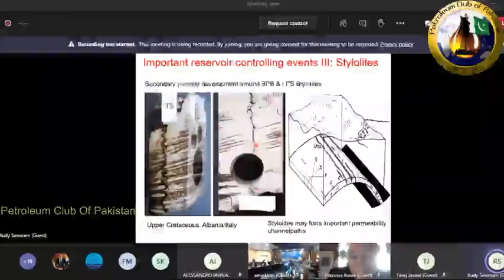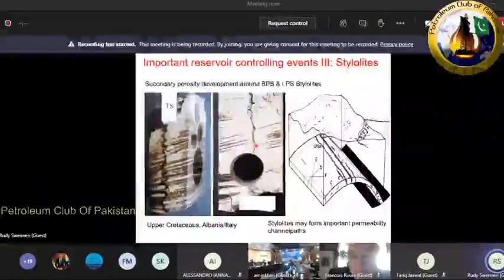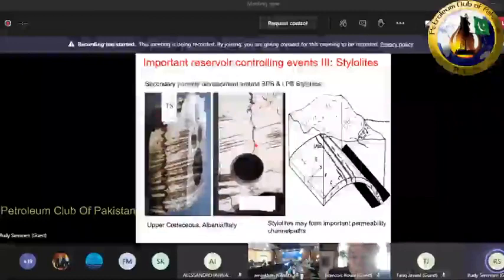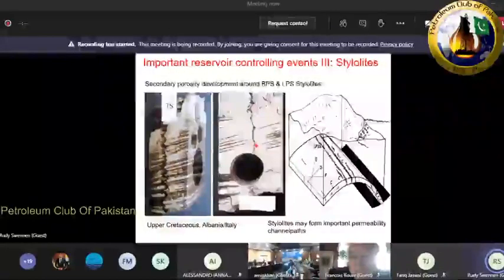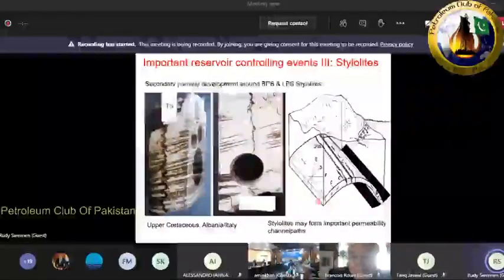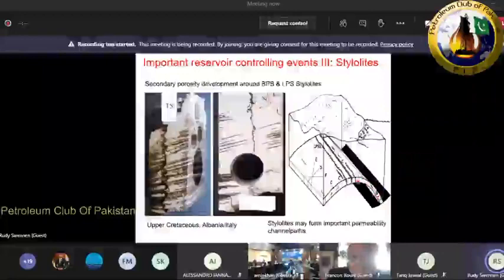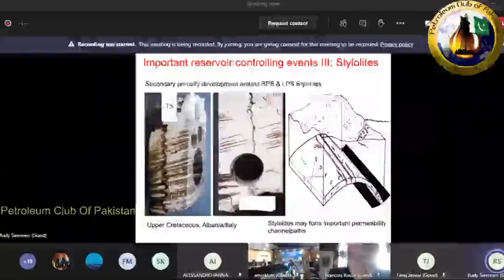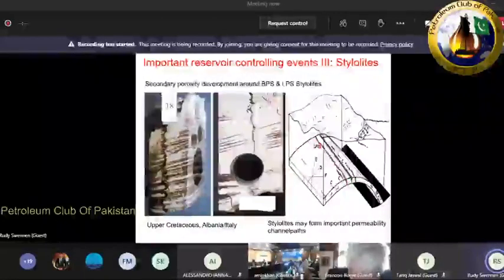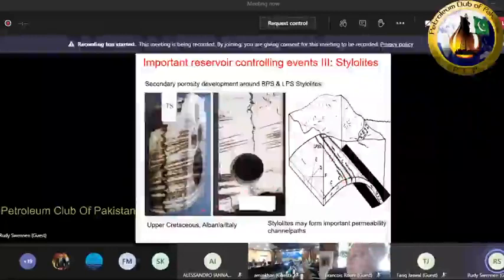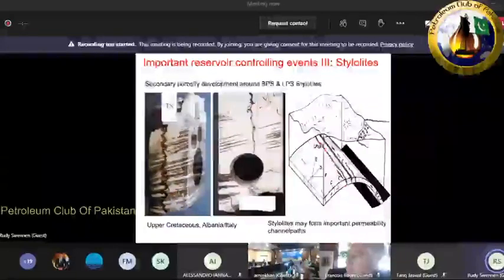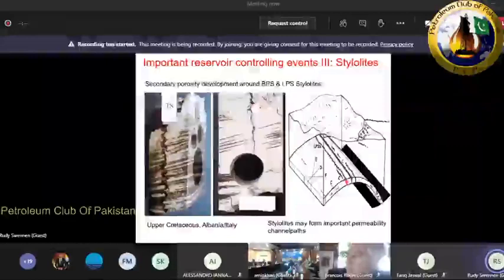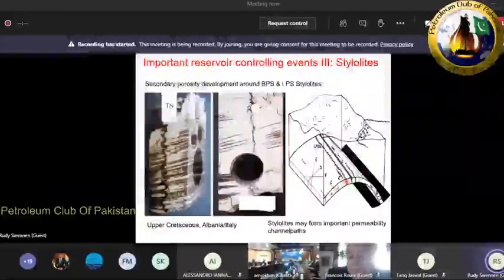Remember that many boreholes are drilled in a vertical way, so the chance that you encounter these tectonic stylolites is not so likely, but they are very important because you can see if I have my anticlinal structure and I'm bending the layers, then these tectonic stylolites or layer parallel shortening stylolites will open, and this will potentially allow circulation of fluids or circulation of oil in these systems.